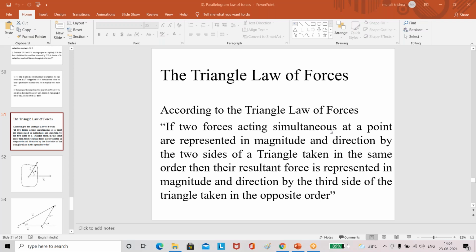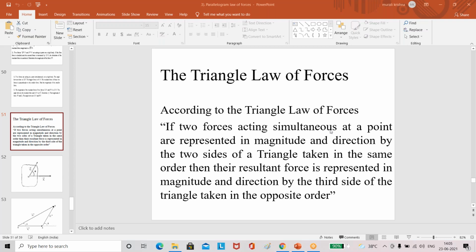It is also a graphical method. On the white paper, we prepare the triangle, and by using this triangle law of forces, we can find out the resultant force of the two coplanar concurrent forces F1 bar and F2 bar.